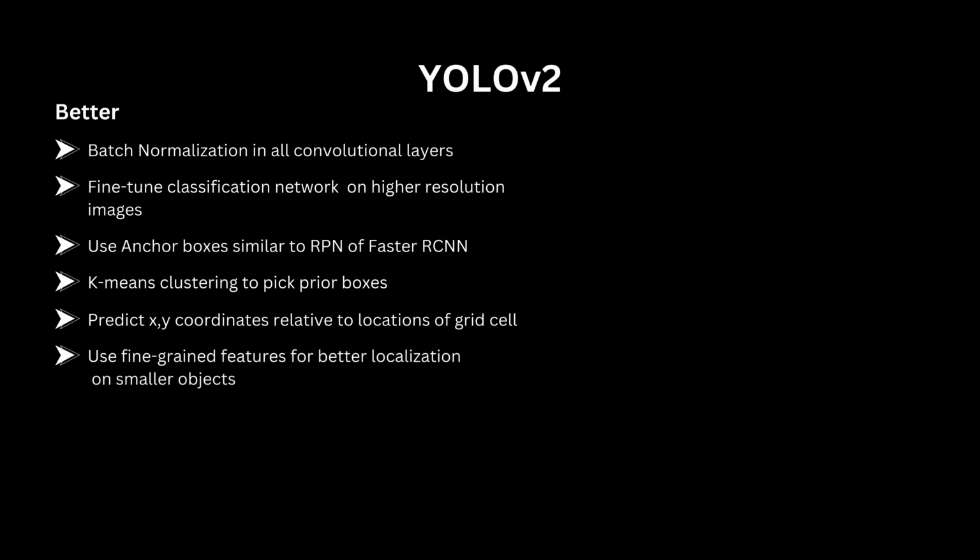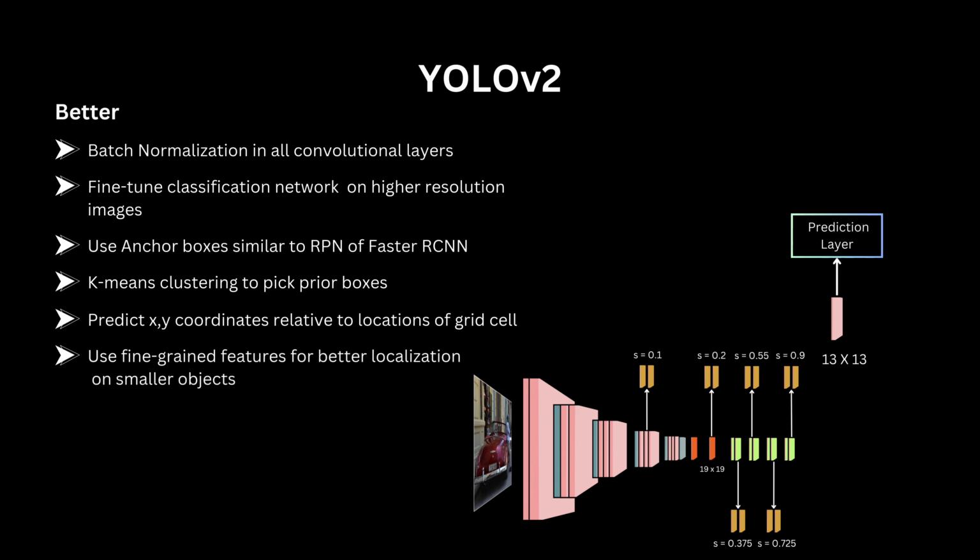The next change is to make further improvements on localization accuracy for small objects. Up till now, we have one prediction layer catering to 5 anchor boxes for each of the grid cells in the last feature map, which was 13 x 13. In the SSD video, we saw how the authors, for smaller objects, use earlier layers' feature map to get fine-grained features at higher resolution.